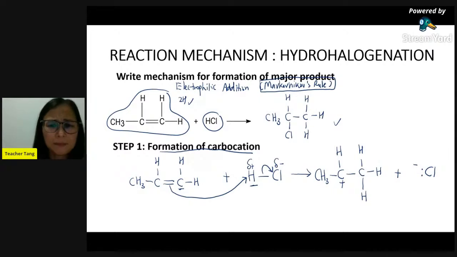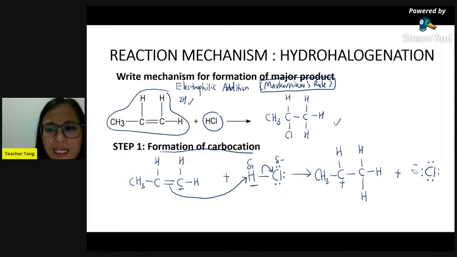Class, you should know why negative 1. If I draw out all the lone pairs, the chlorine has 1, 2, 3, 4, 5, 6, 7, so 7 minus 7 gives 0 formal charge. But here, if you count, there are 8 electrons. So 7 valence electrons minus 8 gives negative 1.